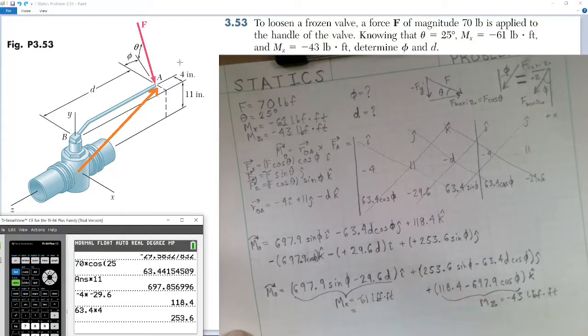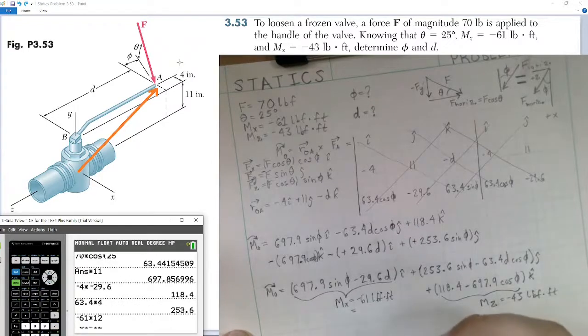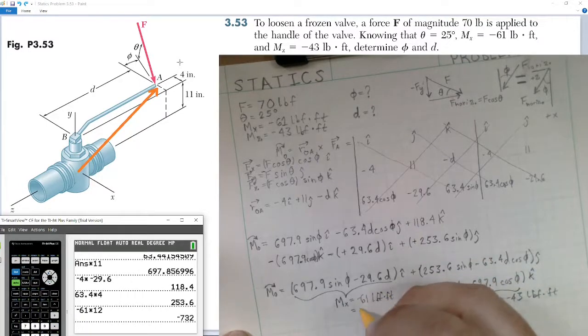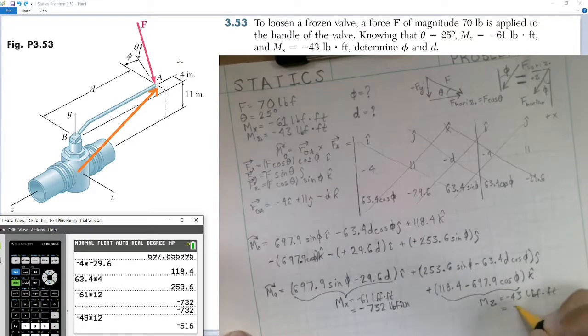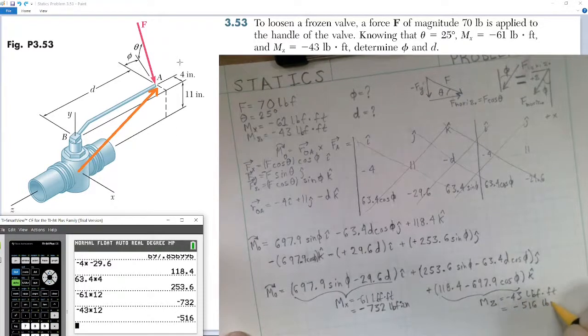So negative 61 times 12 gives us a moment of negative 732 inch-pounds, or pound-inches. And negative 43 times 12 would give us a moment of negative 516 inch-pounds.